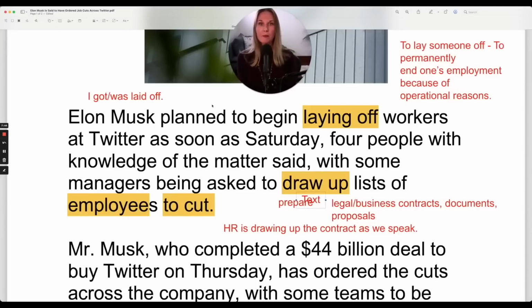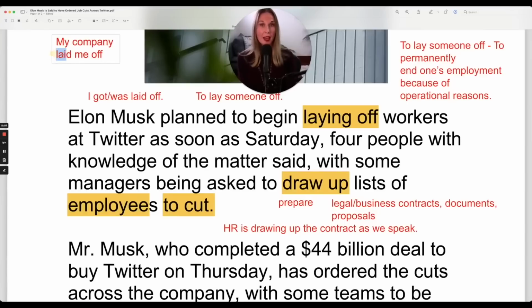This is the passive form of the verb to lay someone off. So the active form is to lay someone off. But you as the employee are receiving the action. Your company is doing the action. So, my company laid me off.